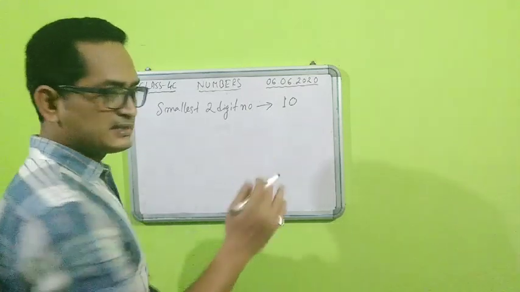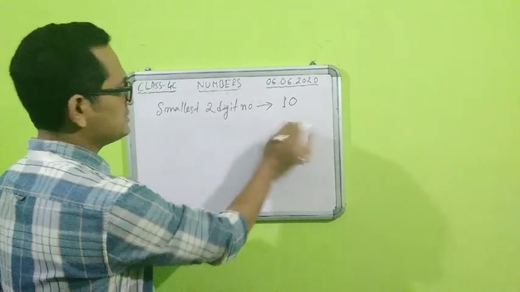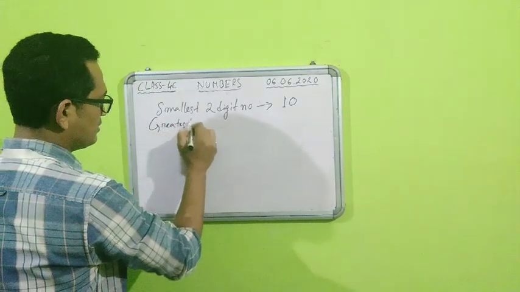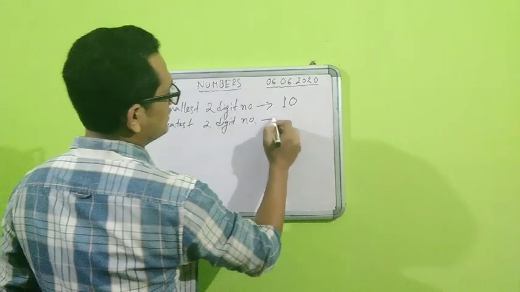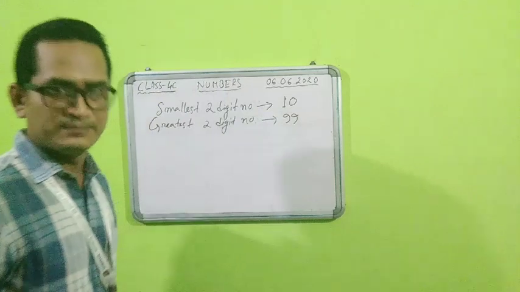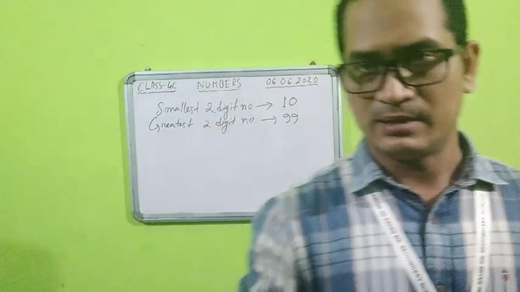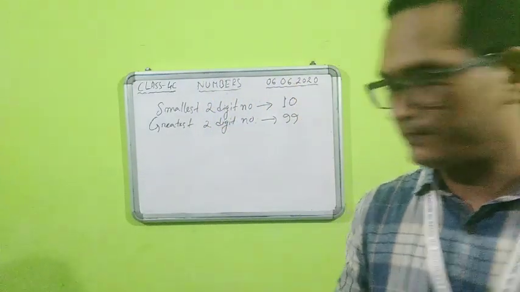So 10 is the starting number of 2-digit numbers. Similarly, the greatest 2-digit number will be 99. As we know, 99 is the last number where the 2-digit numbers end, and if we go more than that, it will enter into the 3-digit numbers, that is 100.